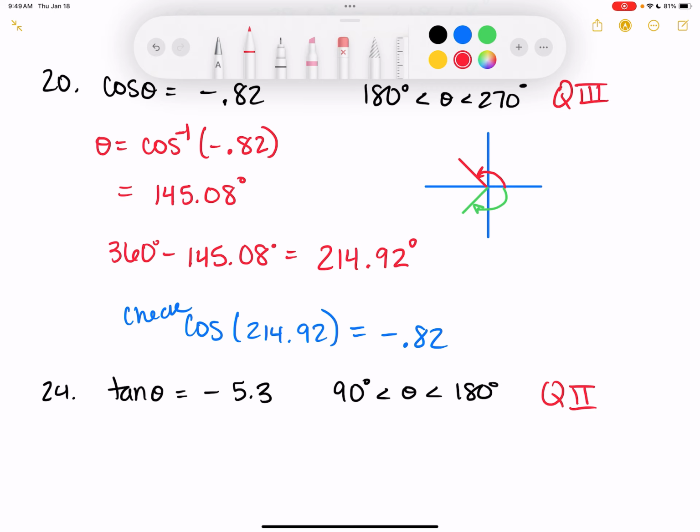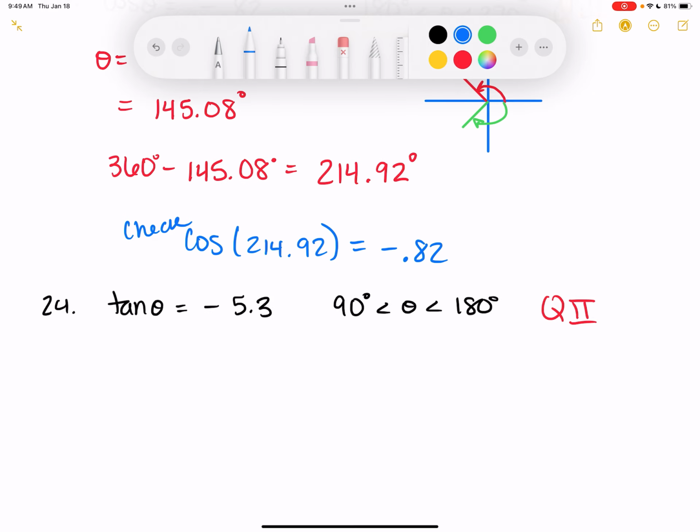But tangent has to occur on the right side. So I need to do the inverse tangent of negative 5.3.